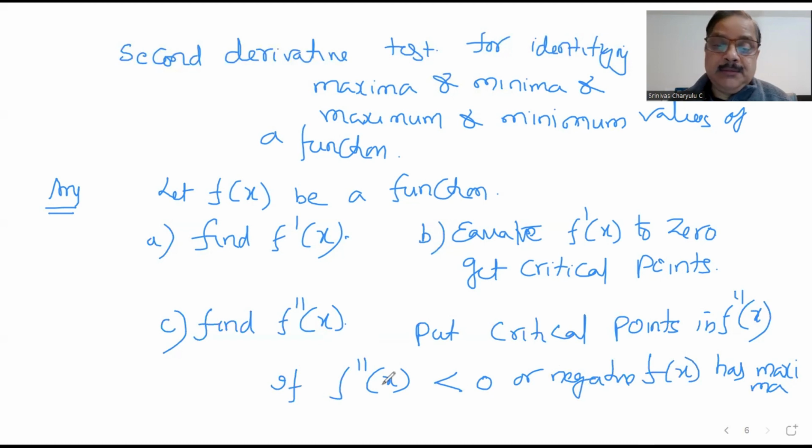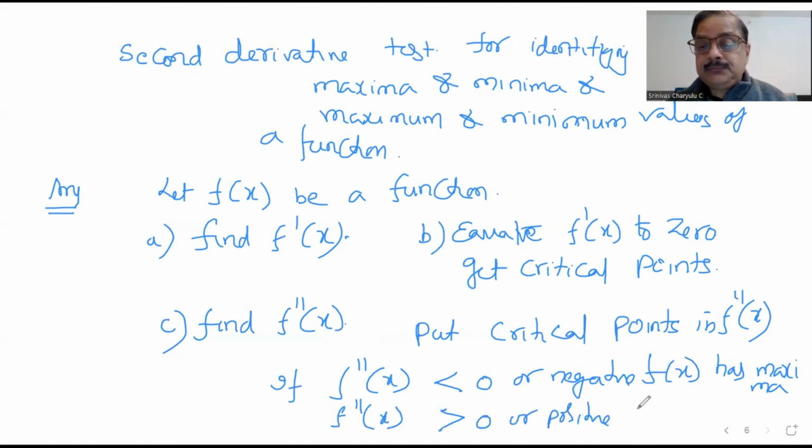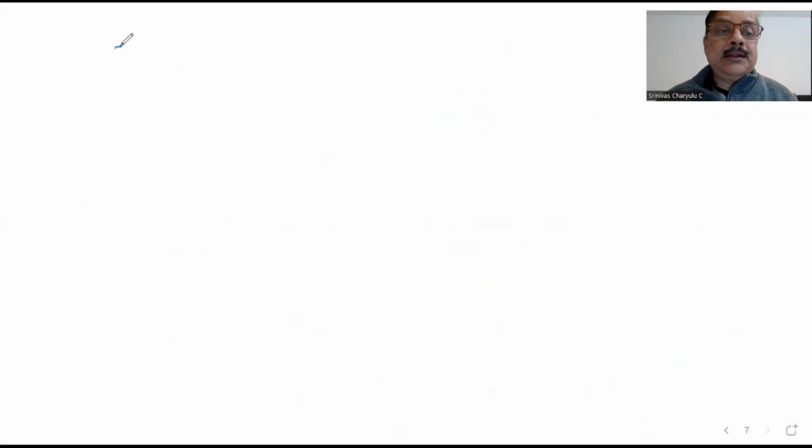If f double dash x is greater than 0, or let us say this is a positive value, then f of x has minimum at those particular critical points substituted.